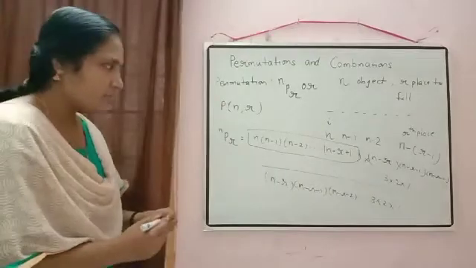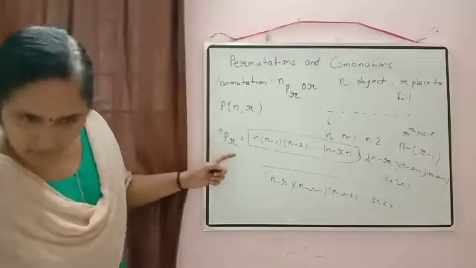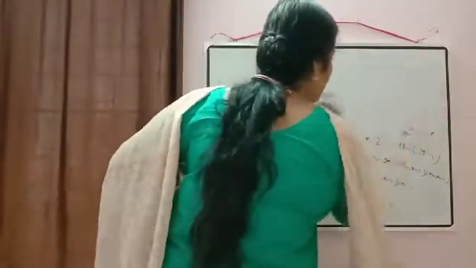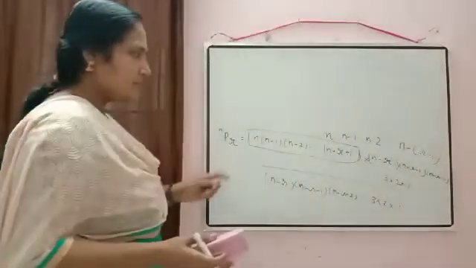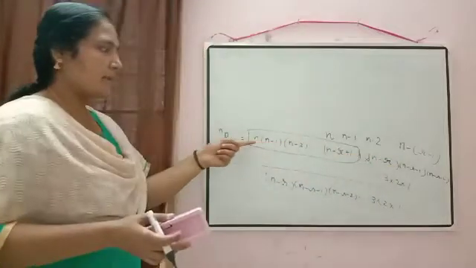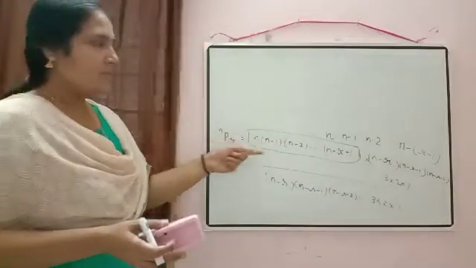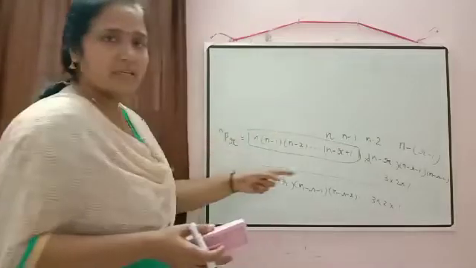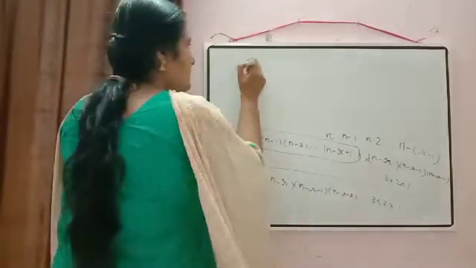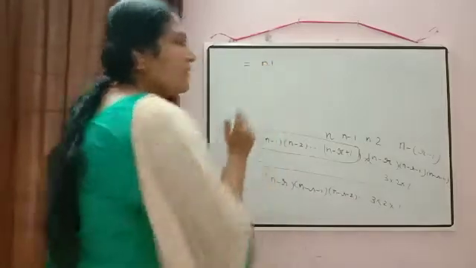So if you check this one, our numerator is the product of the first n natural numbers. Just check, 1, 2, 3, 4, etc., in between some numbers are there and at last we are getting n. So this is the product of the first n natural numbers, and the product of the first n natural numbers is n factorial, that we studied in the previous class.